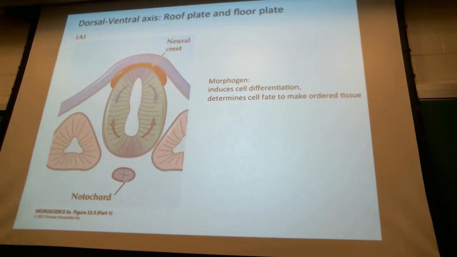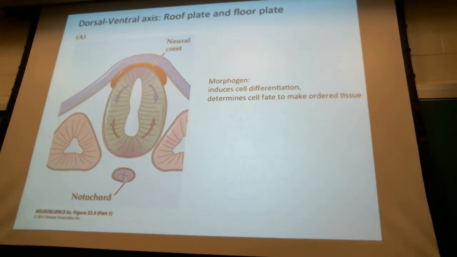And how do they instruct them? Well, they will send signaling molecule, which is particularly called morphogens. What is a morphogen? Morphogen means it induces cell differentiation. And those cells will be determined cell fate. But not in a random way, organized way.